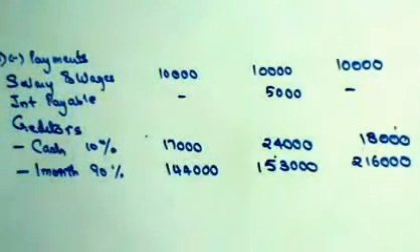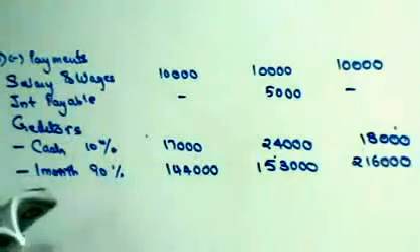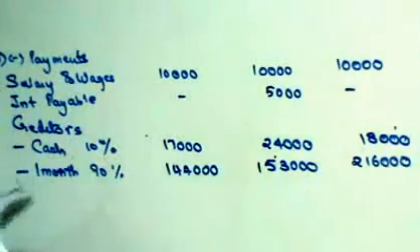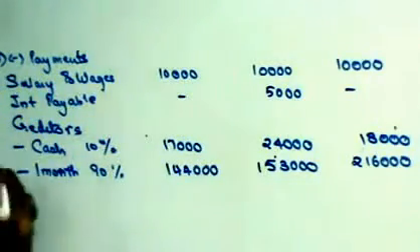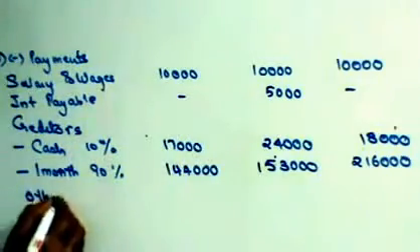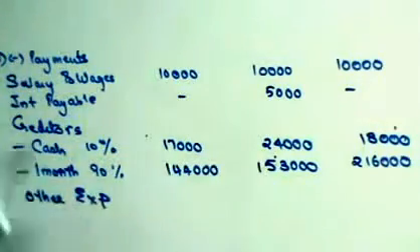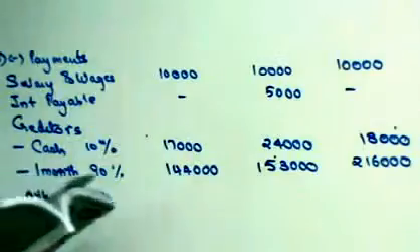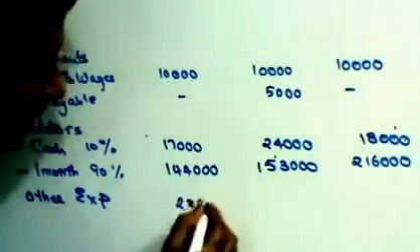Right? Next, other expenses are paid in the month in which they are incurred. Other expenses are 22,000, 32,000 and 21,000 in the same month.